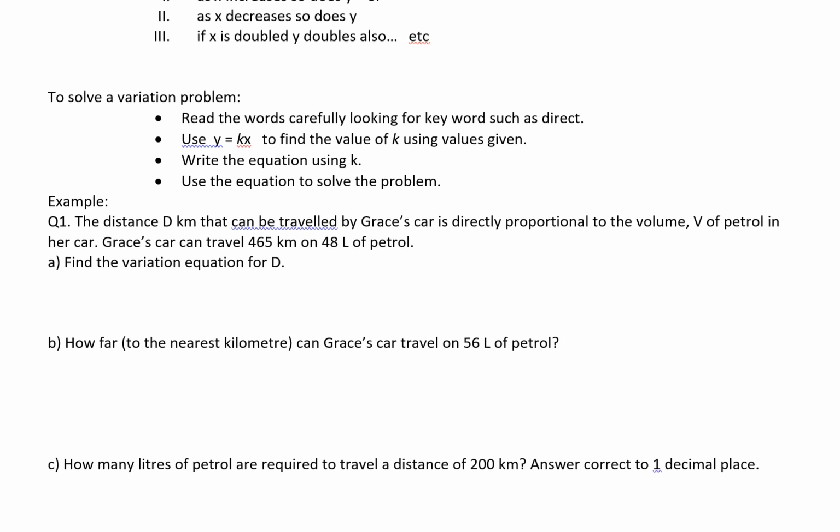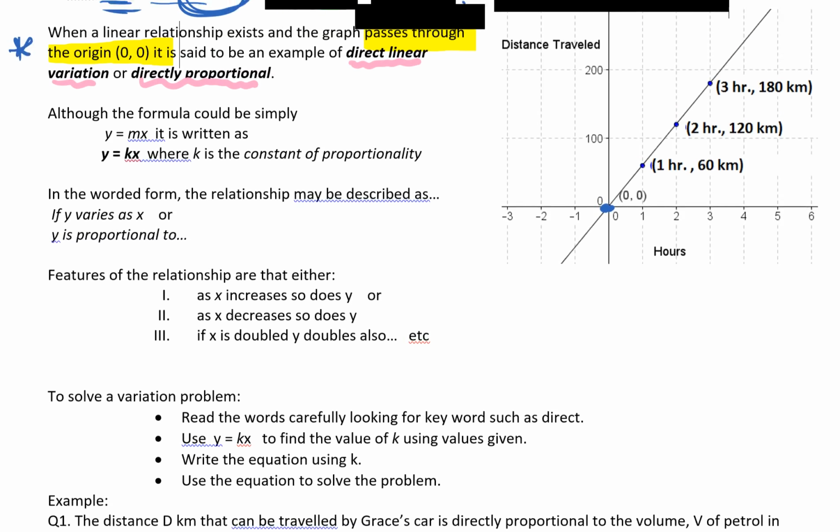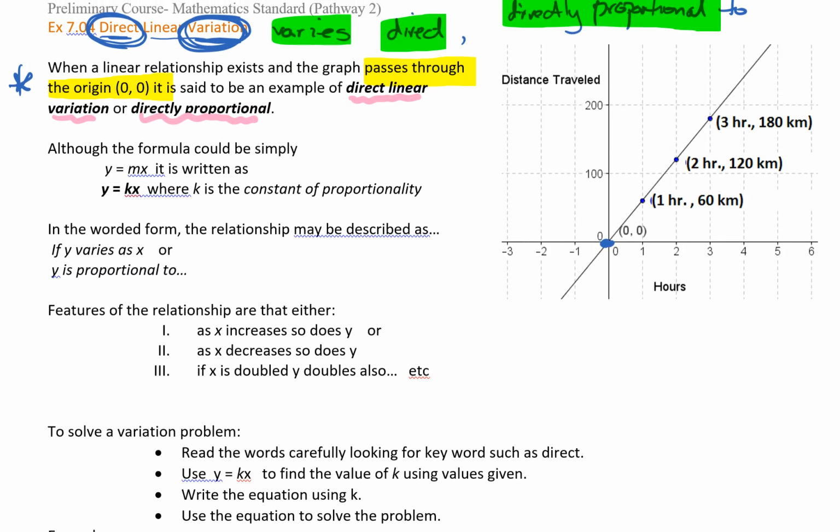Okay, let's go back. Now, there's a slight variation to our formula, y equals. We know that if it's linear, we've got the formula y equals mx plus b.